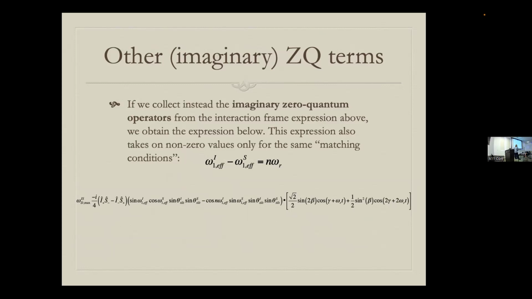Each term has some projection factors and then some time dependent factors that depend on the same three, omega 1 of I, omega 1 of S, and omega R of T, as well as 2 omega R of T. And they end up being preserved for exactly the same matching condition. So in a sense, it wasn't important to separate the imaginary and the real parts of the zero quantum. Maybe that's a little bit of an artificial distinction.